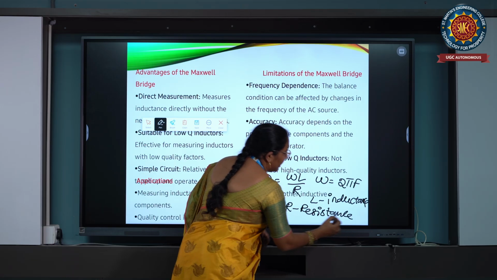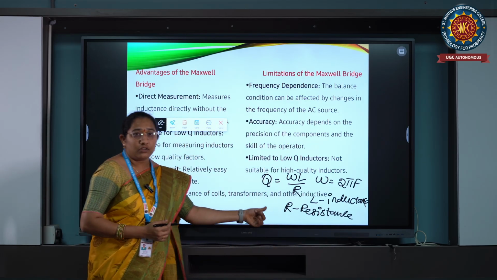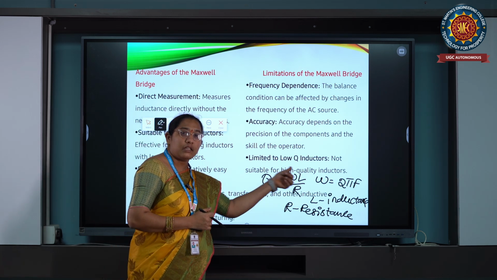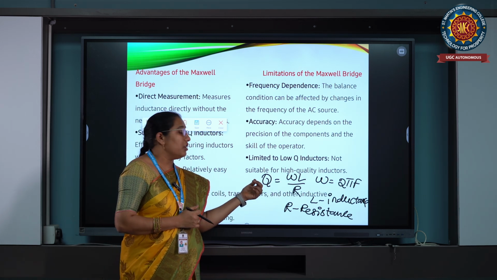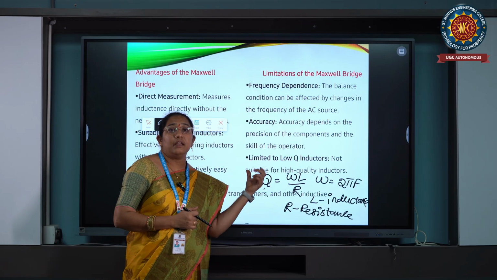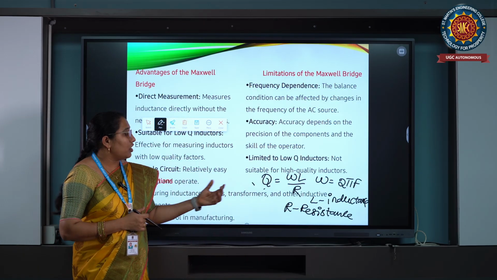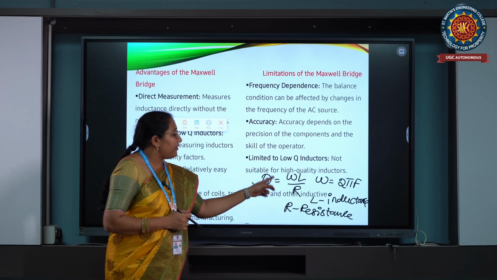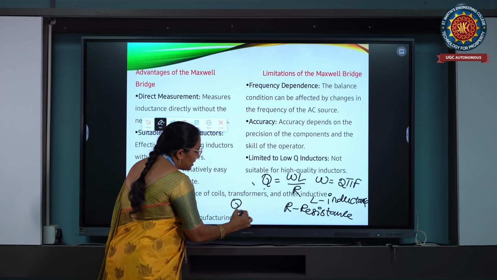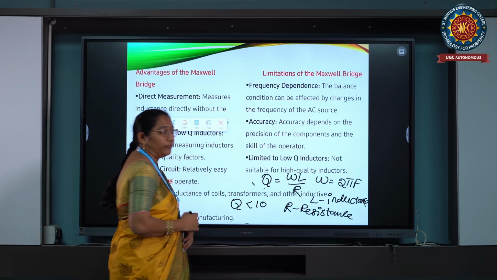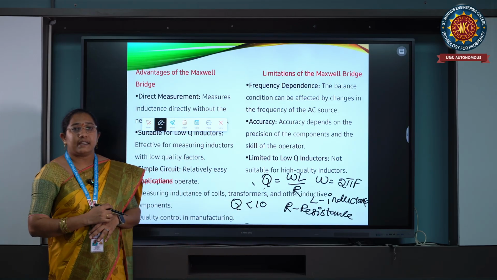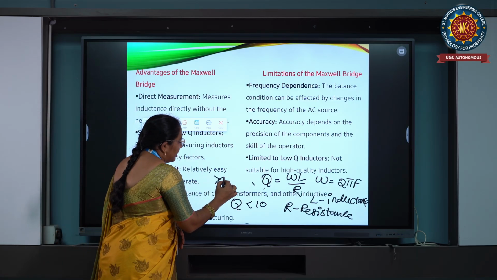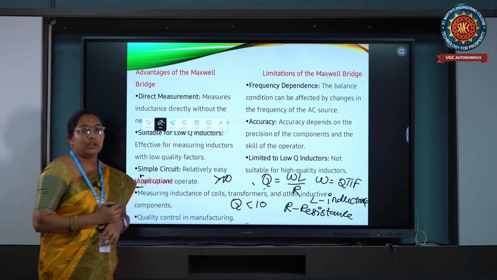After measuring the inductance and resistor values, we substitute them in the quality factor formula. For Maxwell's inductance bridge, this quality factor must be less than 10. For Maxwell's inductance capacitance bridge, it must be greater than 10.